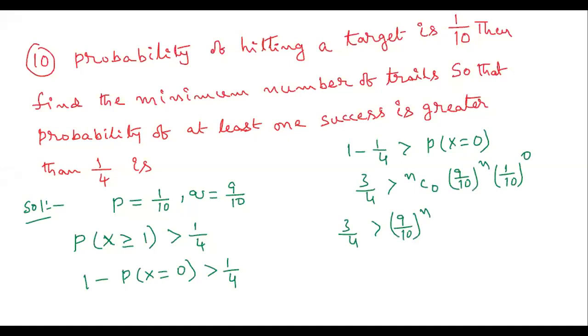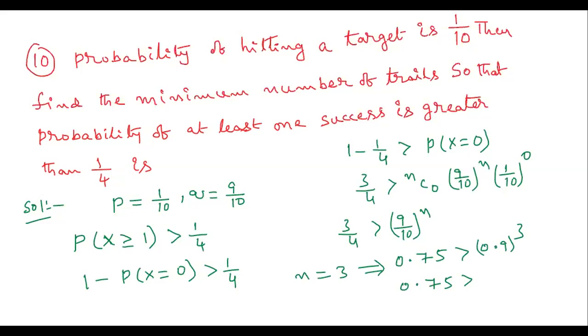So at what value of n is it possible? For suppose take that n is equal to, for suppose, 3. So what do we get? 3 by 4 means 0.75 is greater than 0.9 whole cube. 0.75 is greater than 0.9 whole cube means how much?